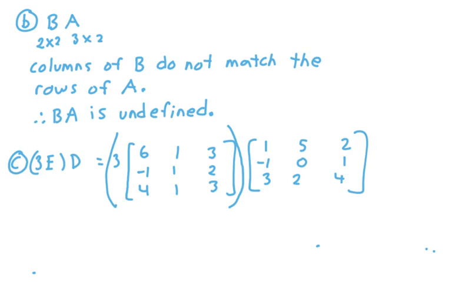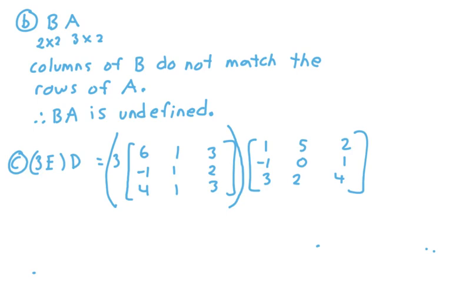So part C, I'm going to take the quantity 3E times D. But this is 3 times the matrix 6, 1, 3, negative 1, 1, 2, 4, 1, 3 times the matrix 1, 5, 2, negative 1, 0, 1, 3, 2, 4.